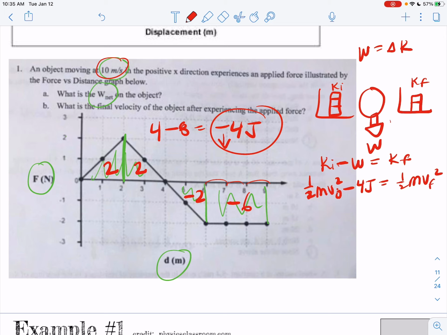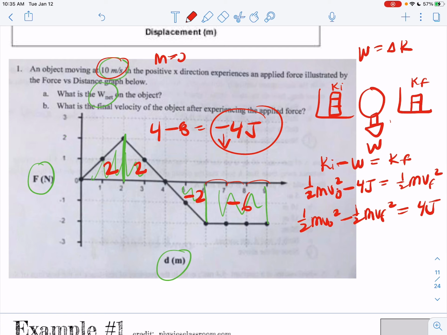So just be careful that you don't double negative yourself. Then I'm going to have 1/2 mv initial squared minus 1/2 mv final squared is 4 joules. And then I feel like I need the mass. Wouldn't I need the mass for this problem?